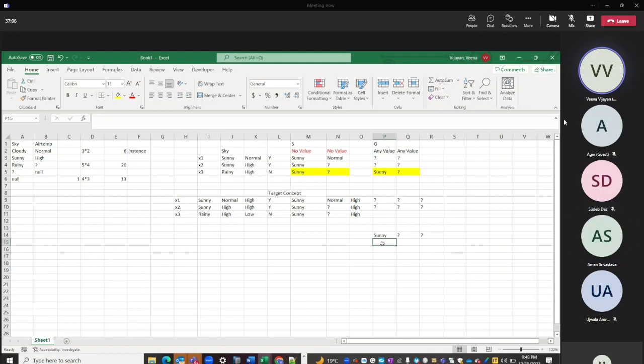We have only high, so we are framing another generic hypothesis like this. One is sunny, question mark, and the second hypothesis is question mark, high. So now we have three hypotheses: one specific hypothesis and two generic hypotheses. And this together comes in the version space.